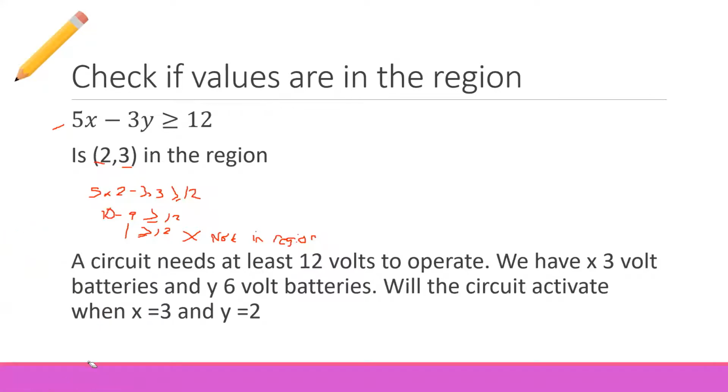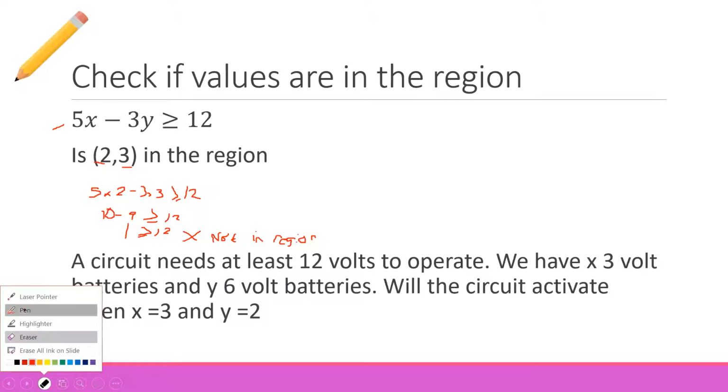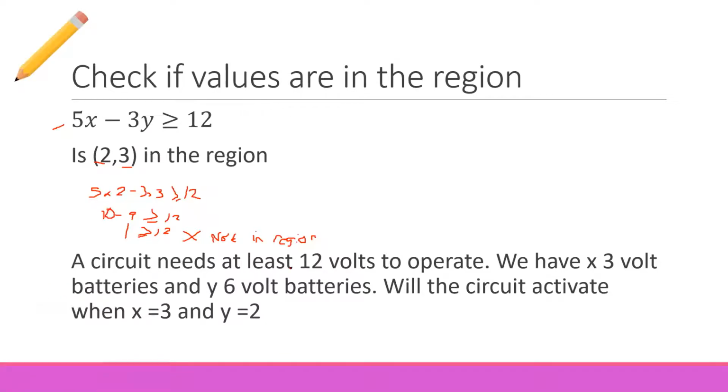So we know the circuit needs 12 volts, and you've got 3-volt batteries and 6-volt batteries. Now, how we can write this down: if we have x 3-volt batteries, then if I had one battery, I'd have 3 volts.